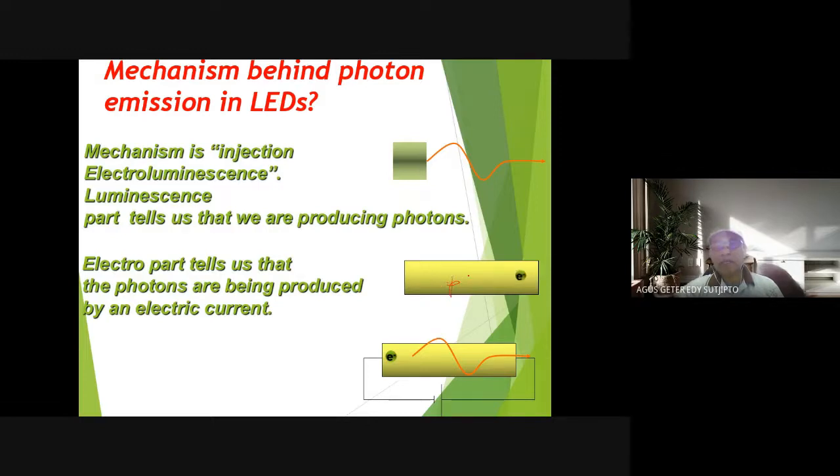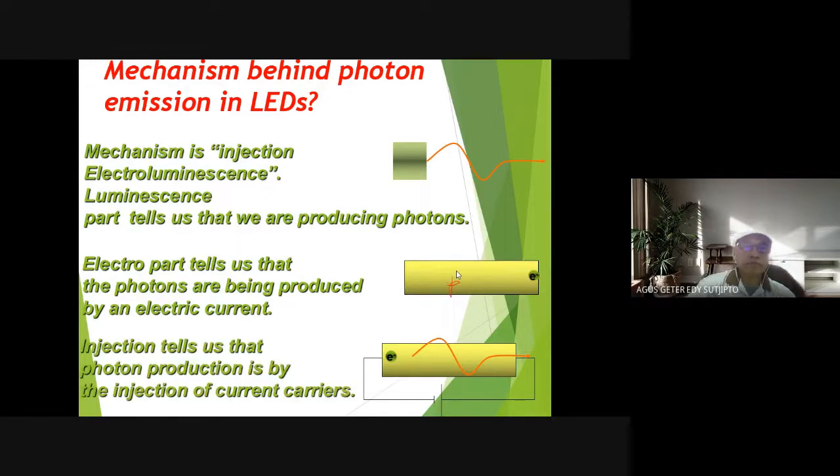So there is recombination between electrons and holes in the P region. More emission can be produced when we apply more injected electrons from the battery or from the external energy, from the negative terminal.